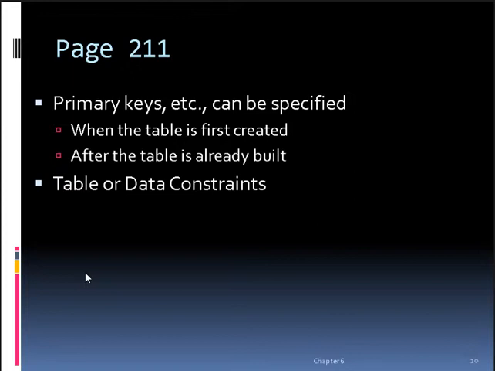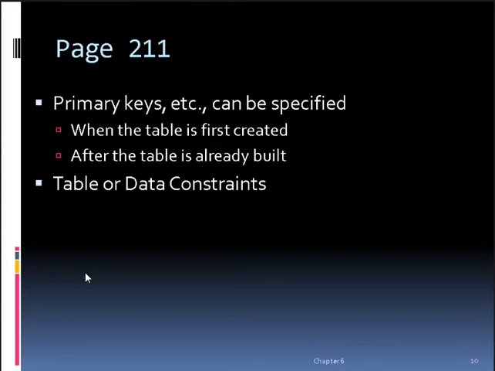Or we can set up to where data entry can be within a range of numbers or within a specific range of characters. So we've got a variety of constraints that we can include as we create our table and as we go through and add our primary and auxiliary constraints.